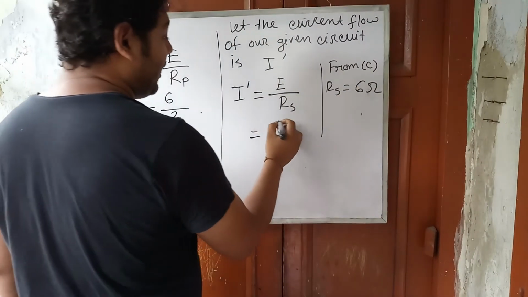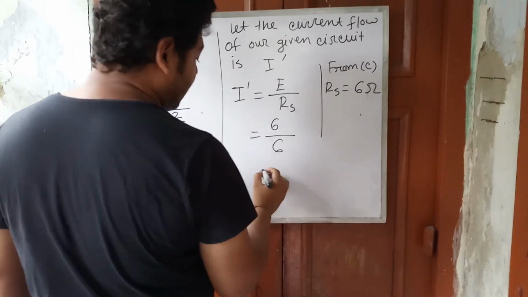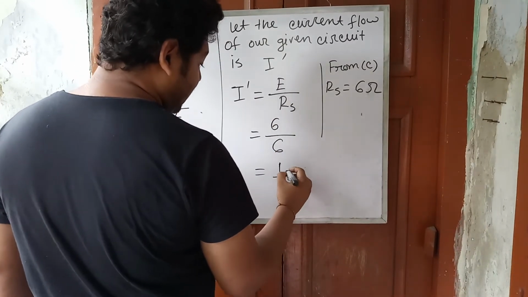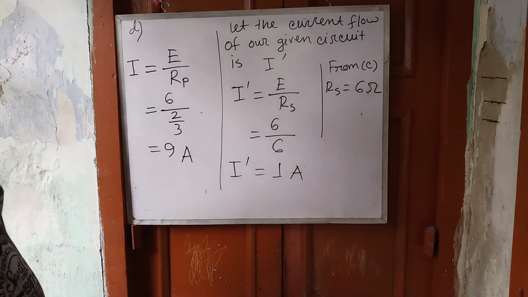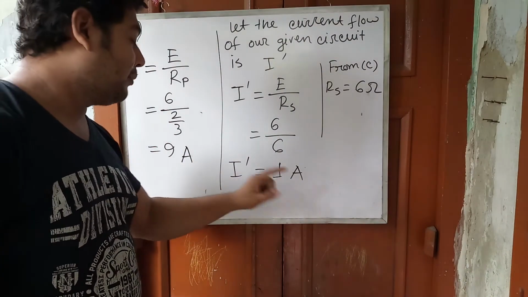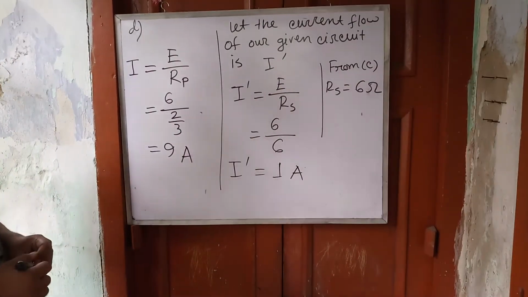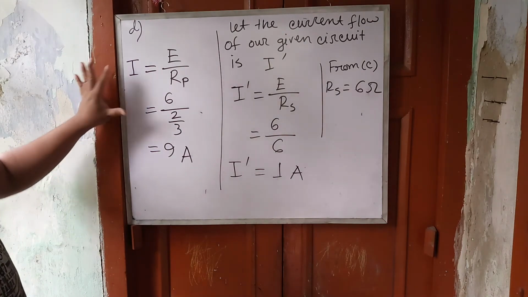Then we can write 6 volt divided by 6 ohm, and the current is 1 ampere. The flow of current from our given circuit is 1 ampere, and the flow of current of our newly designed circuit is 9 ampere.